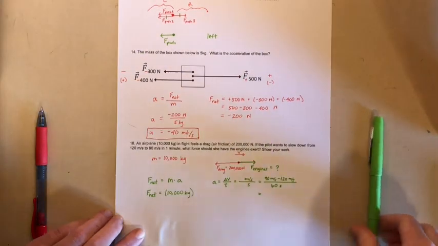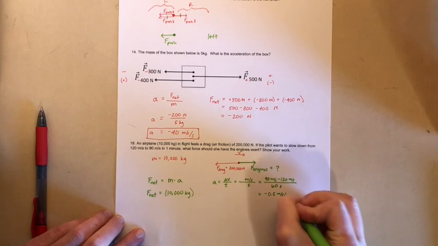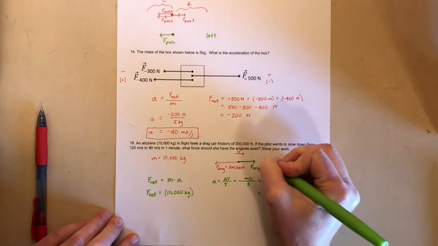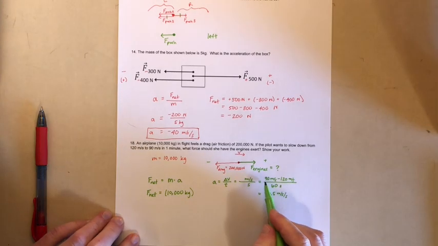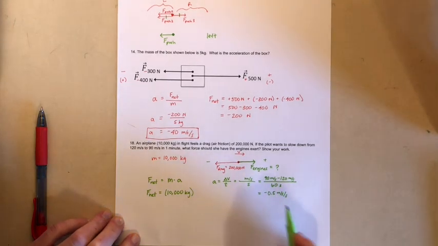So we got negative 0.5 meters per second every second. And basically on this problem, it sounds like they've defined that the right direction is positive and the left direction is negative. Or at least that's what I chose when I decided to calculate the acceleration this way with positive velocities.